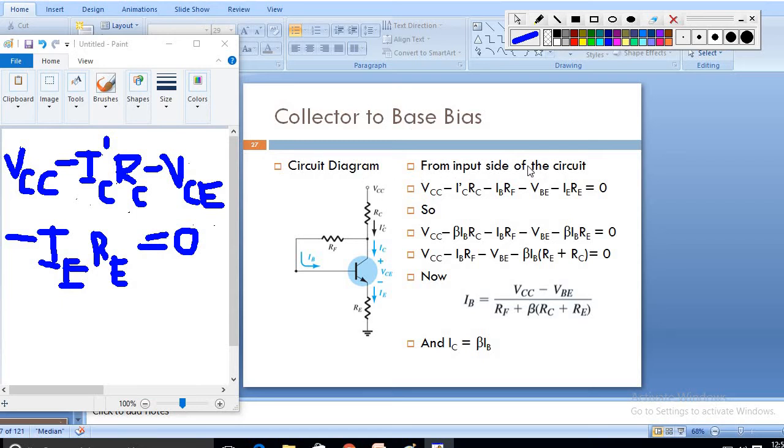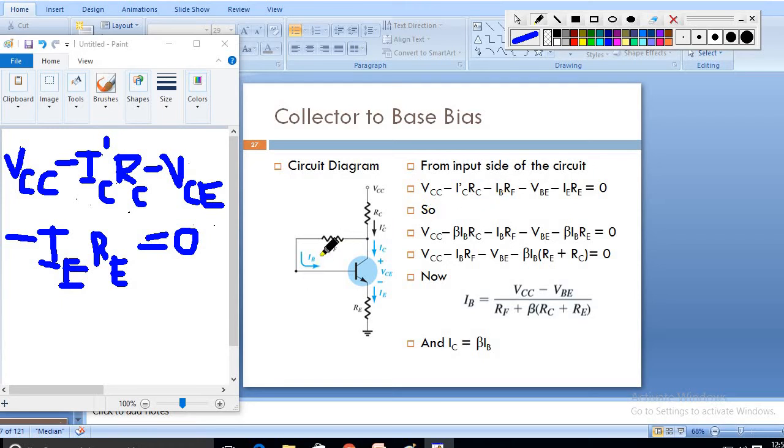First we have to apply the input side KVL. This is our input side portion. This one is VCC, and here the polarity is plus and here it is negative, so there is a fall in potential. For that reason here it is a negative sign, minus IC dash into RC, and here again plus and minus sign, so again a fall in potential. For that reason minus IB RF.